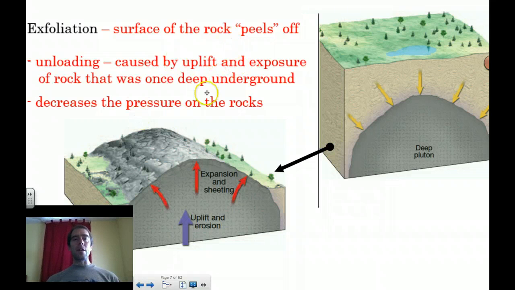So this is a similar process, but here what happens is, as this is being lifted up, the rocks are expanding, and sheets of these rocks peel off, and this unloading is what allows these rocks to rise, and the decreased pressure allows this to go up, and as it does, it expands. So it was once underground, and as it comes up, it has to expand when it spreads out like that, and when it does, it breaks off those rocks.